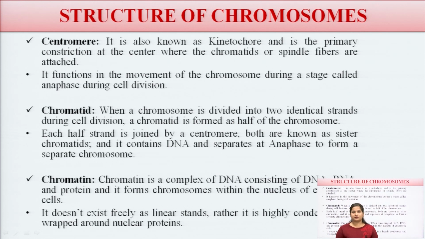Then the structure of the chromosomes. The following components are present inside the chromosomes. First is the centromere. The centromere is also known as the kinetochore, and it is the primary constriction at the center where the chromatids and the spindle fibers are attached.